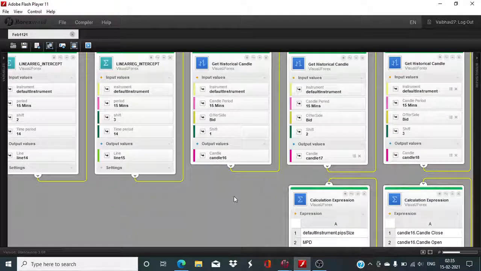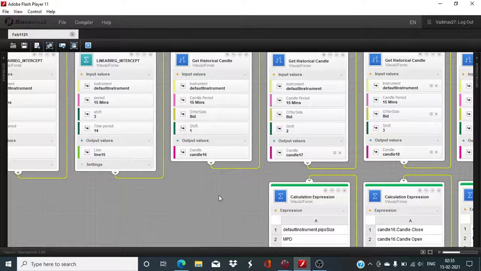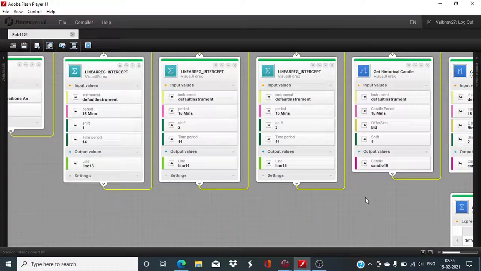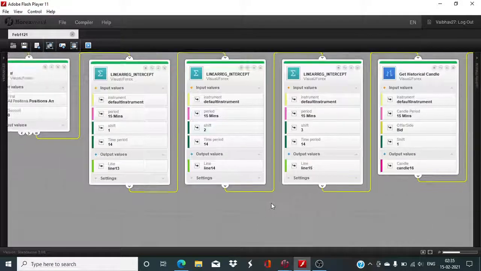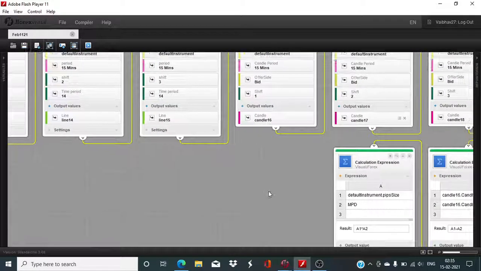So here we need its closing value to be lower than the opening value by at least 5 pips, and also the difference between this candle 16 close and the linear regression intercept output value with the shift 1 of 15 minutes, which is the line 13, needs to be at least 10 pips.